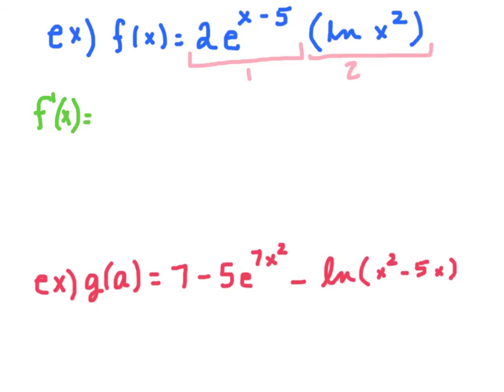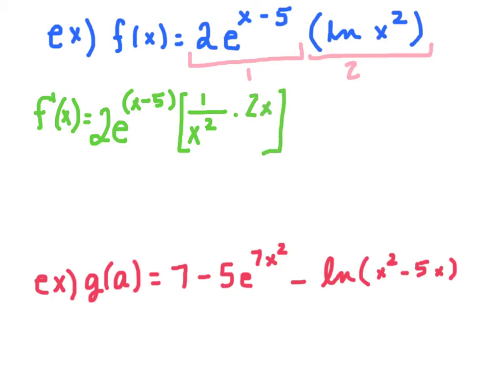So f prime of x is going to be the first, 2e, I'm going to put my exponent in parentheses, x minus 5, there's my first, I'm going to use a grouping symbol, times the derivative of my second. Well, that would be 1 over x squared, but then I'm going to turn around and multiply by the derivative of x squared, which is 2x.